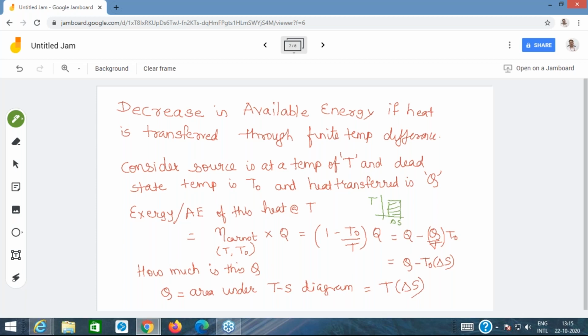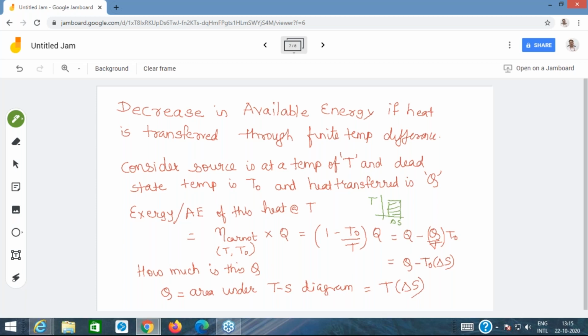And what is the value of available energy? It would be Q minus T naught delta S. How would we calculate that? By multiplying Q with the maximum efficiency, the Carnot efficiency, of a Carnot engine operating between temperature T and temperature T naught. If you solve this expression, you get Q minus T naught into Q by T, so Q minus T naught delta S. This is the exergy value.